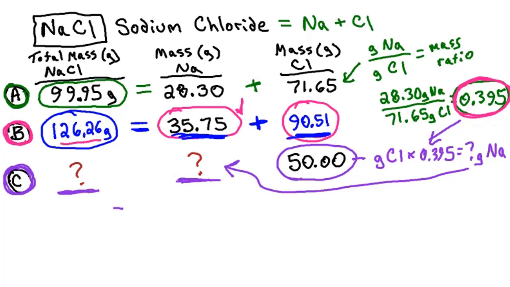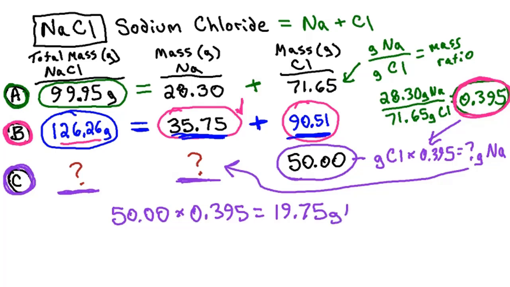So the mass of chlorine in grams is 50.00. We take that times the mass ratio, and 50 times 0.395 is 19.75 grams of sodium.